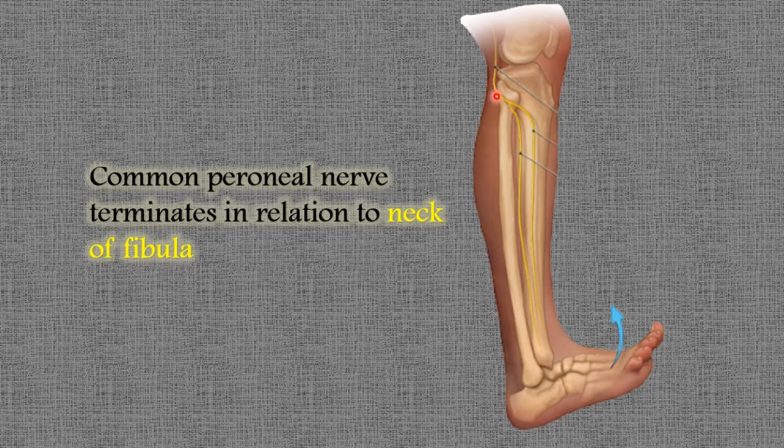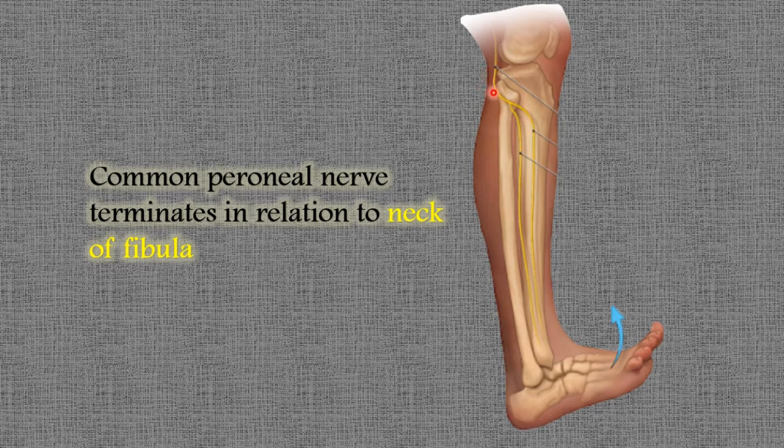So this region of the common peroneal nerve is in close relation with the neck of the fibula. This is a clinically important point because injury of the neck of the fibula is very common, and in this relation the clinical anatomy is important, that is foot drop, which we will discuss in a while.